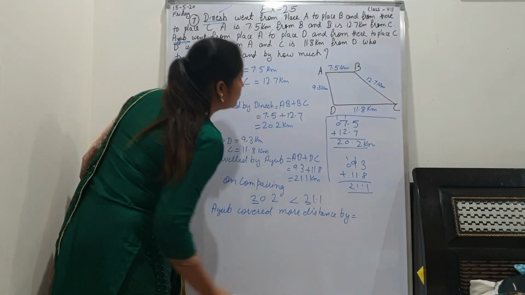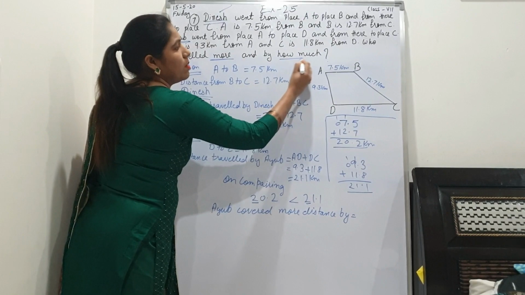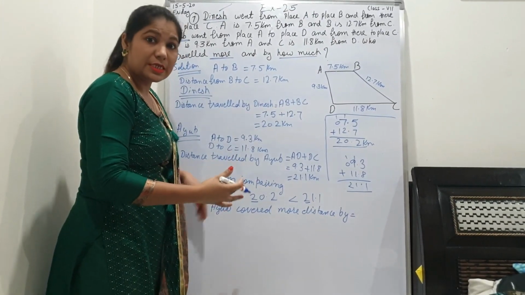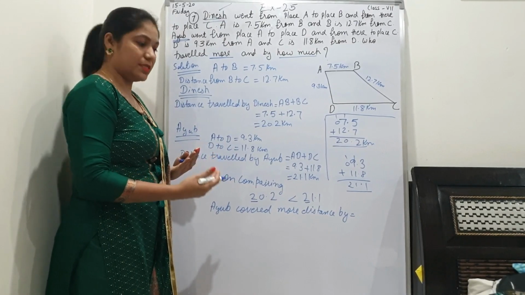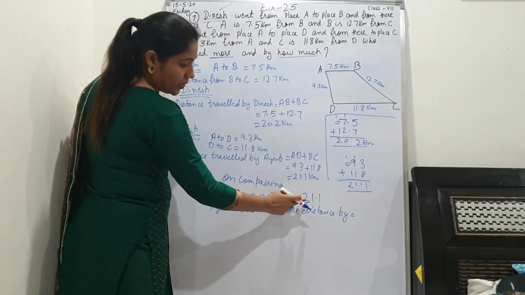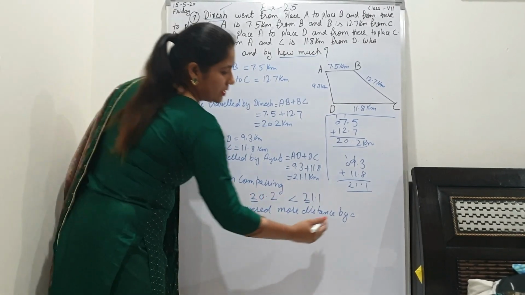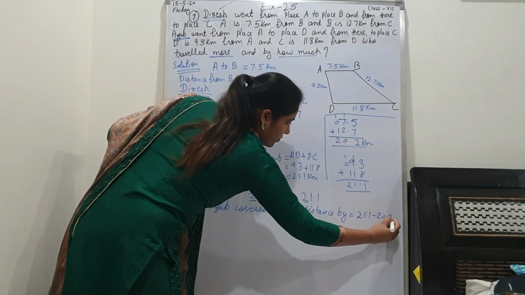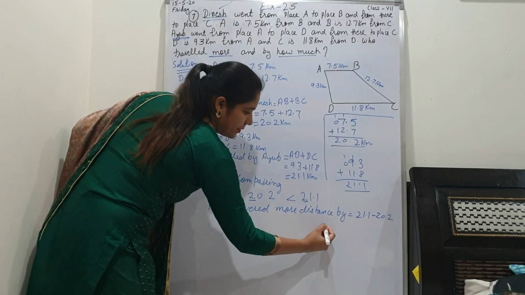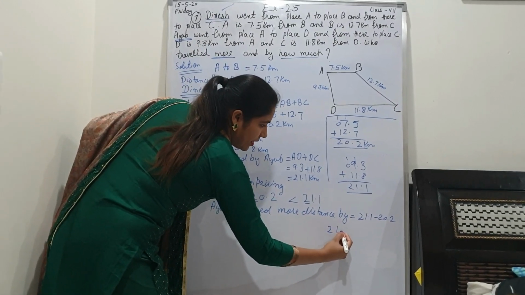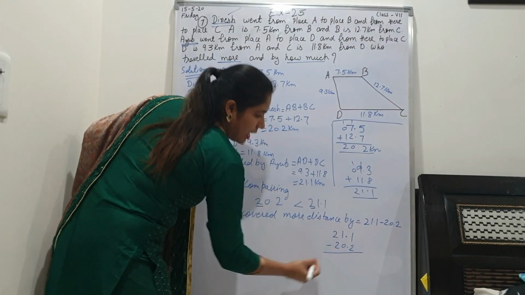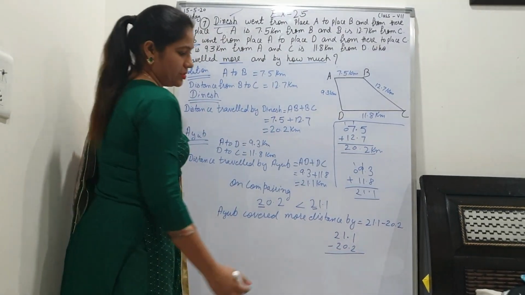By. We have to tell this also, by how much. Whenever we have to find by how much, it means we have to find the difference. So 21.1 minus 20.2. We have to subtract them. See, 21.1, 20.2. I am going to subtract it.